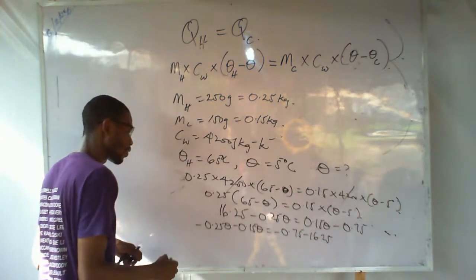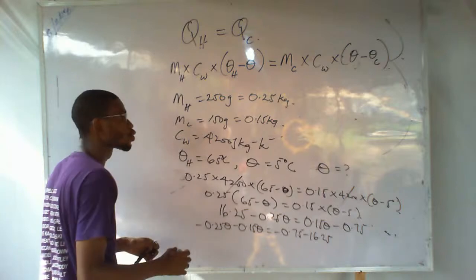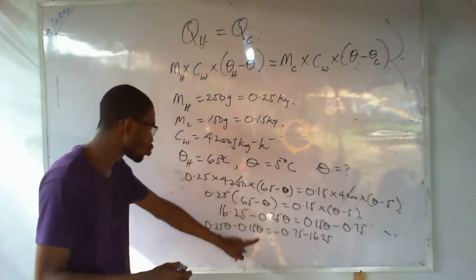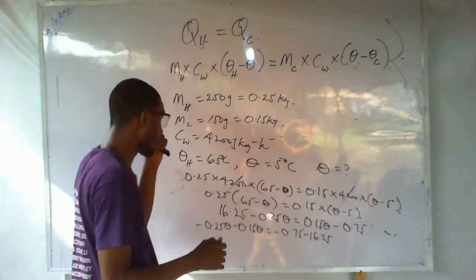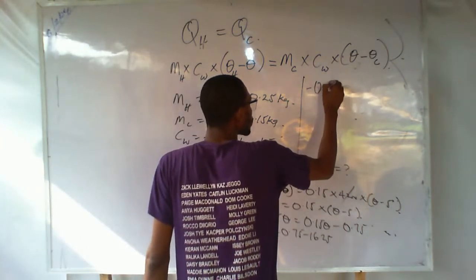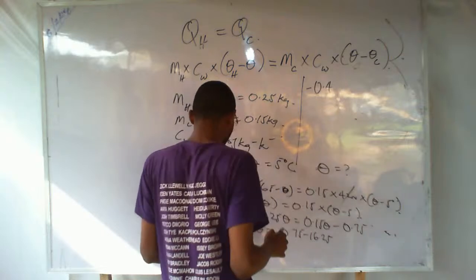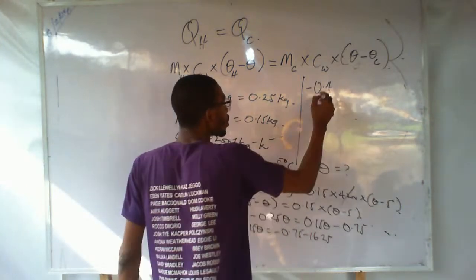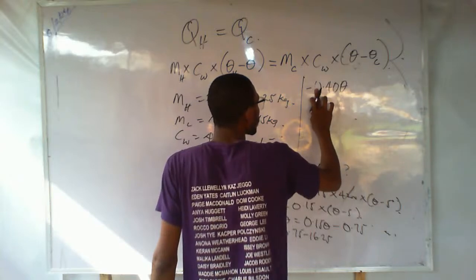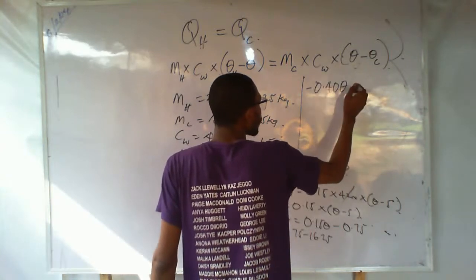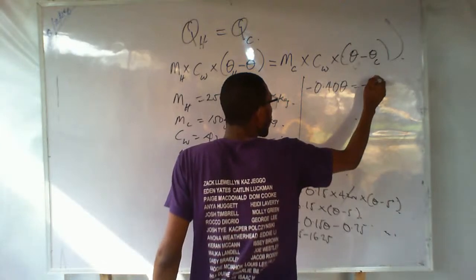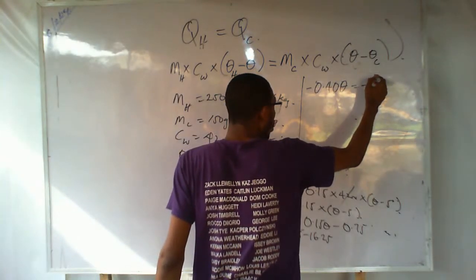Class, what do we have? Minus these two: minus 0.4 theta, and this one is minus 17.